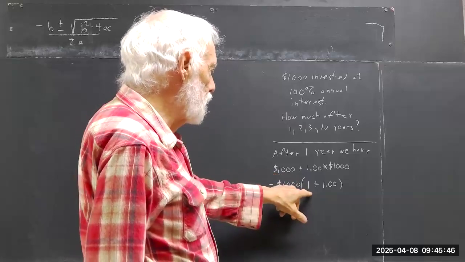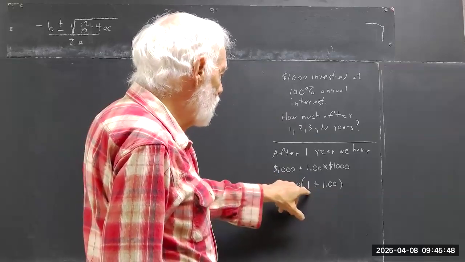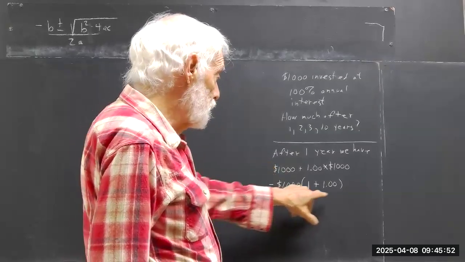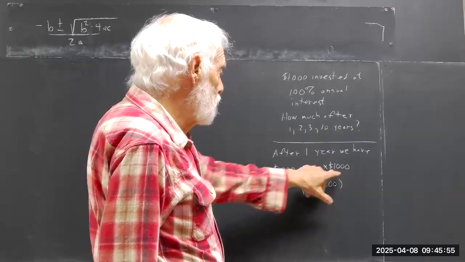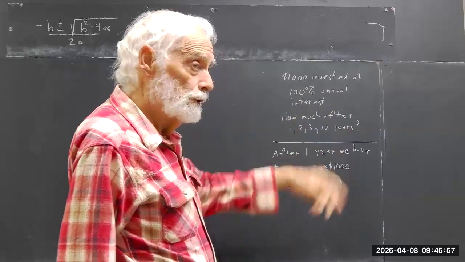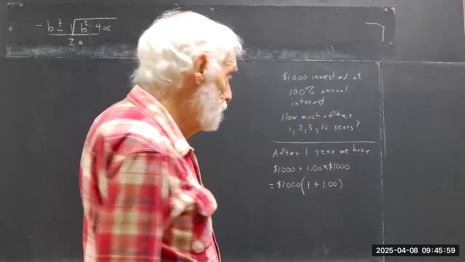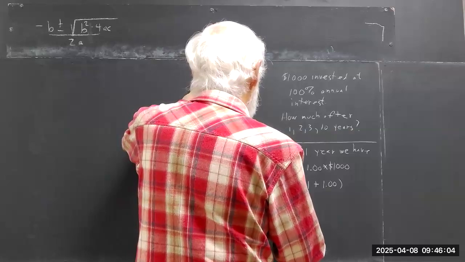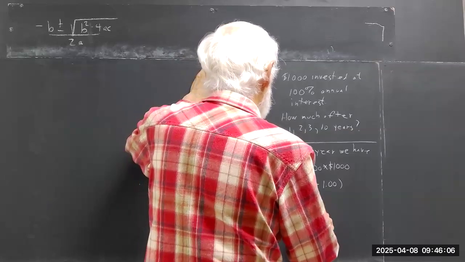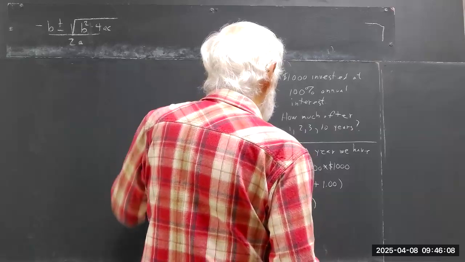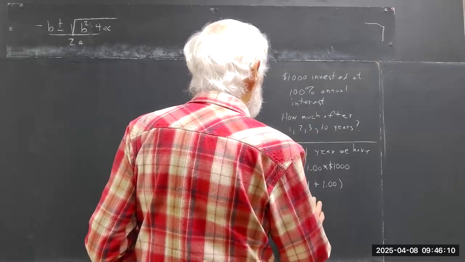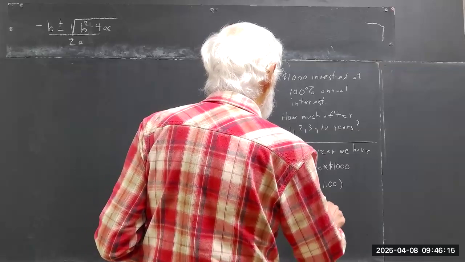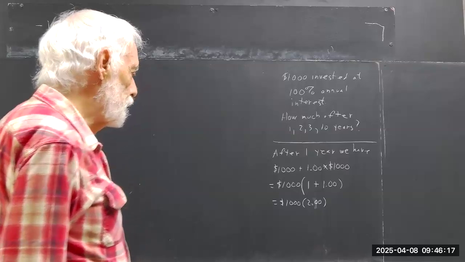In other words, I multiply $1,000 by this, I get $1,000 times 1, which is my original $1,000, and $1,000 times 1.00, which is $1,000 times my percentage. So that's $1,000 times 2. I'll write that as 2.00 because generally we're going to have percent here.